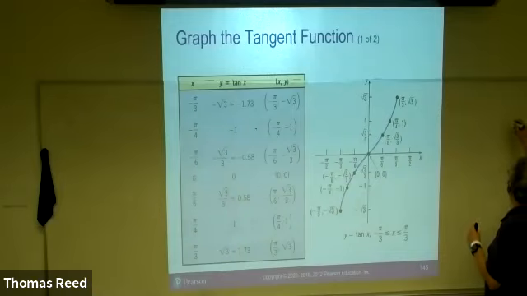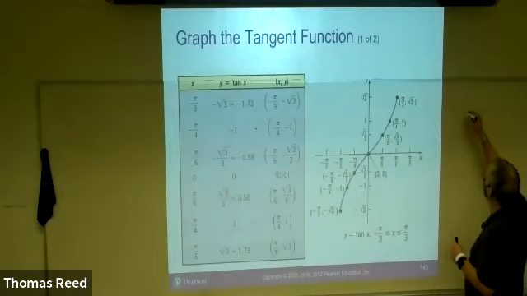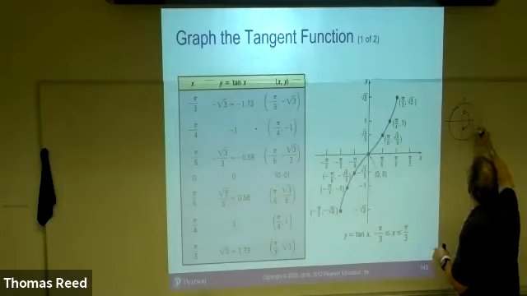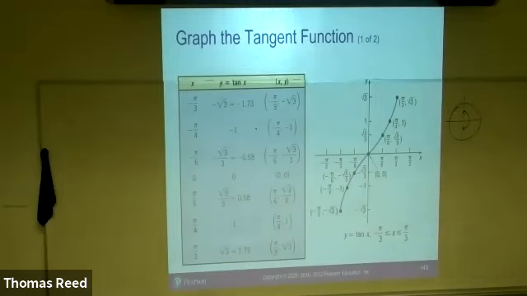And so in the unit circle, we're looking at the first and second quadrants.